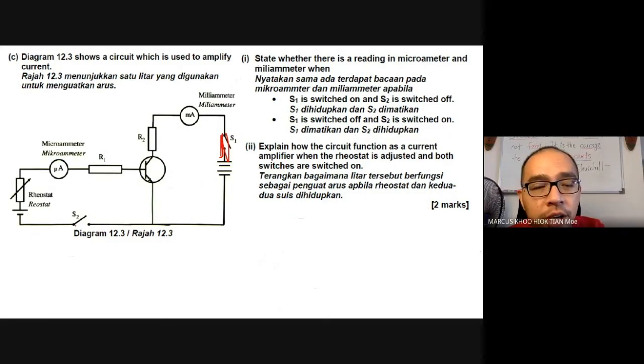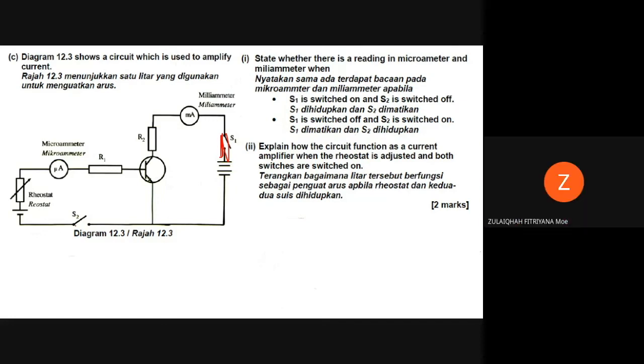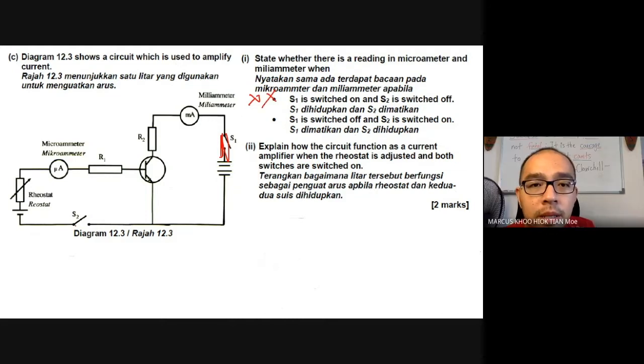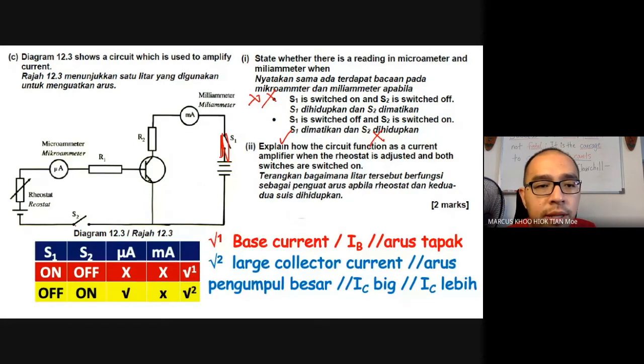Then the second situation? Only the microammeter. So in the second one, microammeter got, milliammeter don't have. Both no reading, microammeter got, milliammeter don't have. Can.